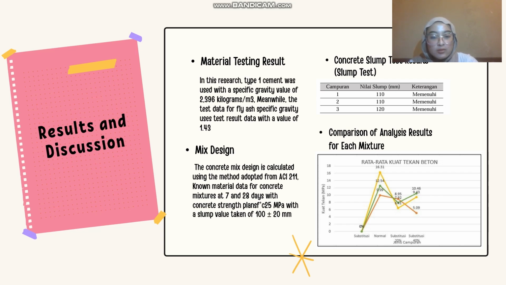For the comparison of analysis results for each mixture based on this graphic, for the compressive strength of concrete, the 20% substitute concrete at age 28 days saw a lower compressive strength value compared to the substitute concrete at age 70, namely 25.4%.